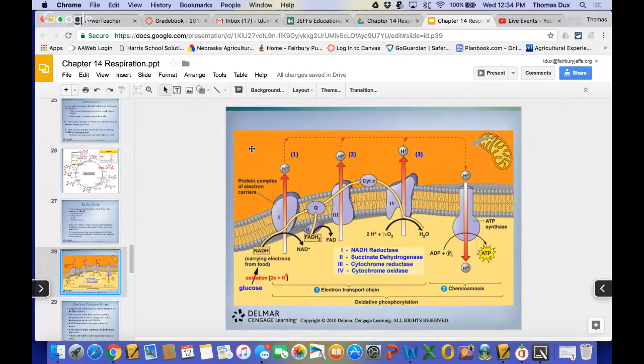Similar, yes, similar to the one in photosynthesis. You're right. But if you look here, what does this one not have that the one in photosynthesis did have? The photosystem. That's what you meant, right? Yeah. Because in order for the electrons to get excited in those photosystems, sunlight hit them.